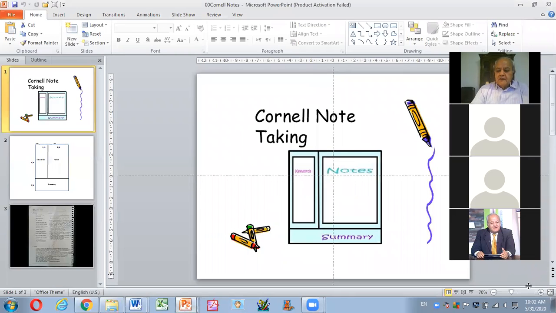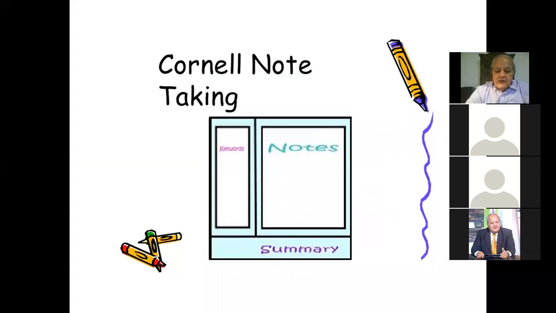Okay. For every session, I want you to have a white paper and take notes during the session. At the end of the session, take a photo with your mobile phone and send it to the WhatsApp group.